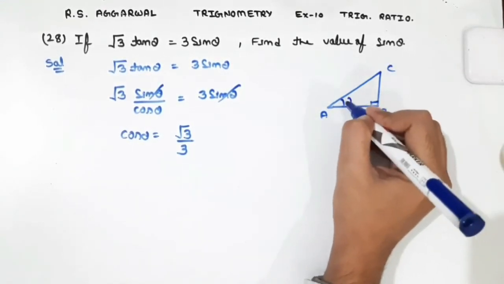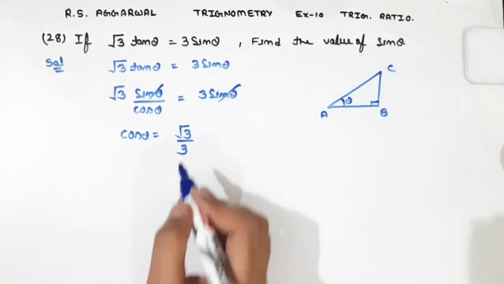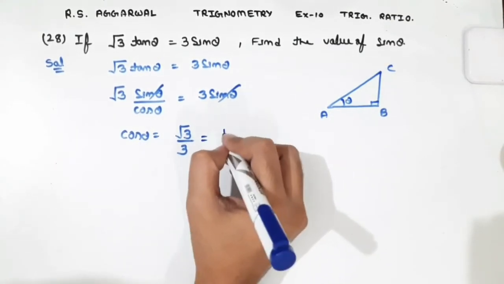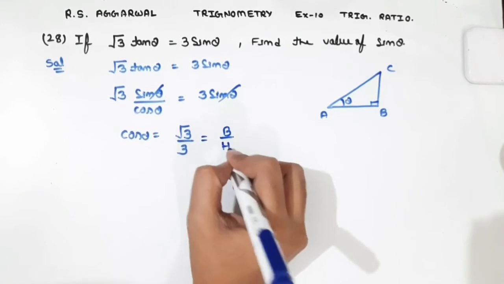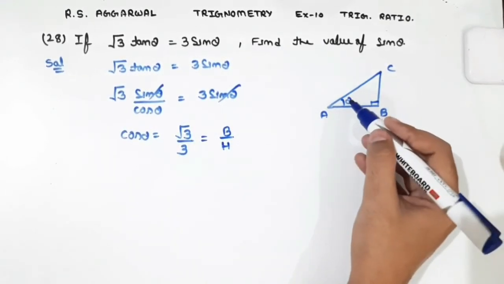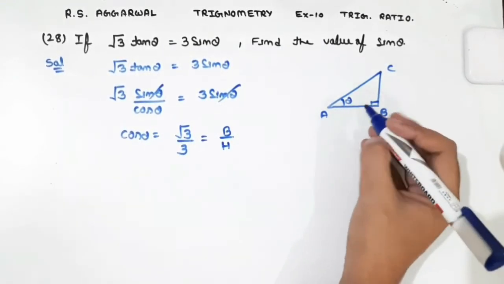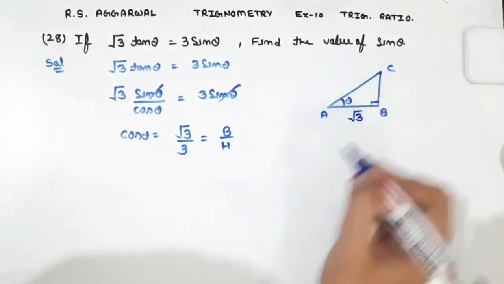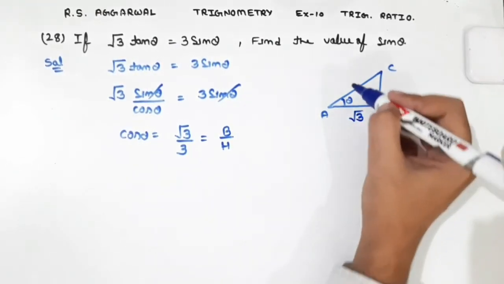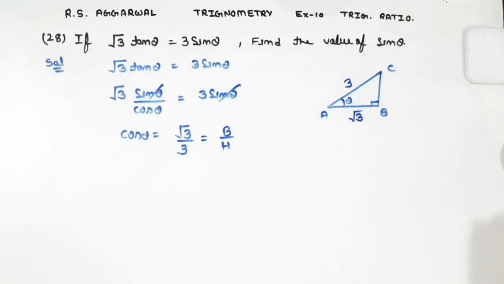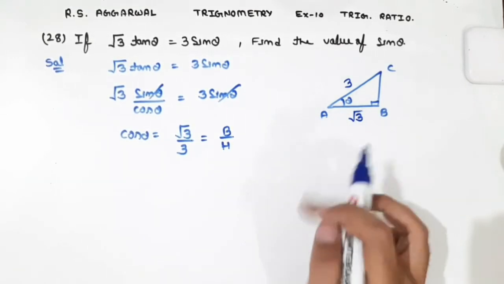Let angle A equals to theta. So we know that cos theta is given by base upon hypotenuse. So with respect to angle theta, our base will be AB, that is root 3, and hypotenuse is AC, that is 3.